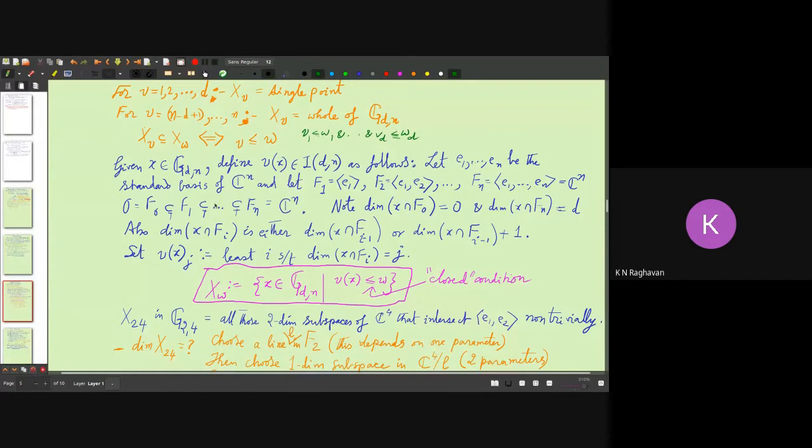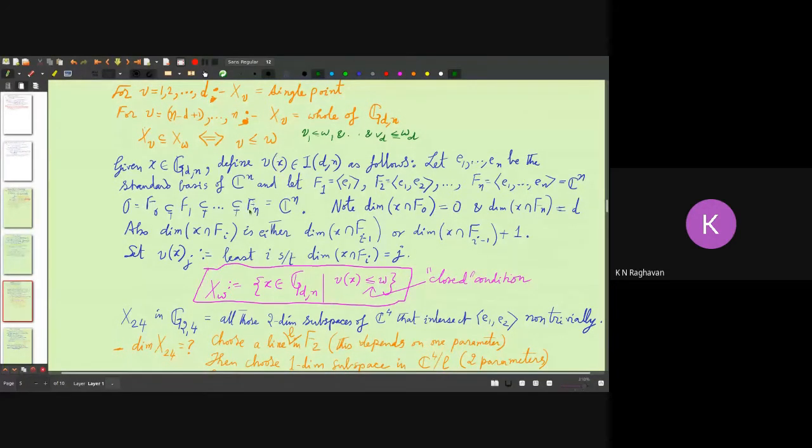And in between, these are linear spaces, so if I take Fi and F(i-1), then Fi is just one dimension more than F(i-1). So it follows that either the dimension will remain the same or it increases by 1. What this means is I start at 0: when I intersect with F0, I have dimension 0.